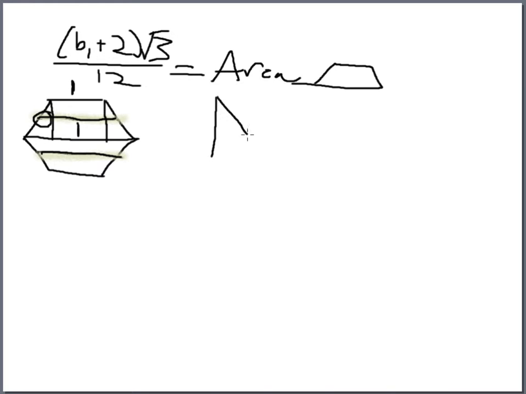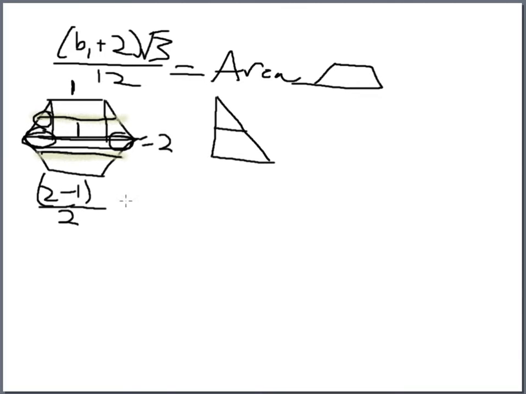Since this whole base is equal to 2, one of the bases right over here is going to be 2 minus 1 divided by 2. The reason being is because 2 minus 1 will get you these two added up, and then you divide that by 2 and you get just one of the bases, so it's equal to 1/2.